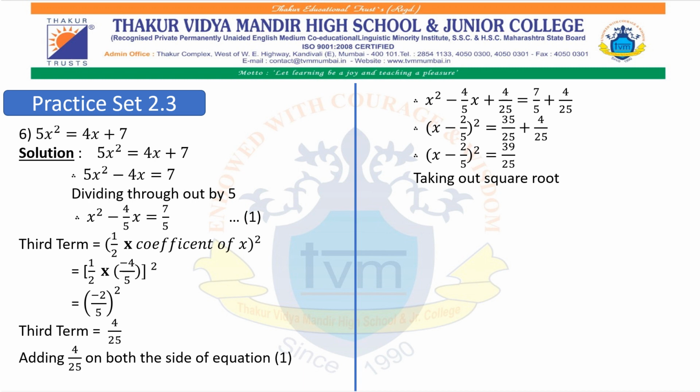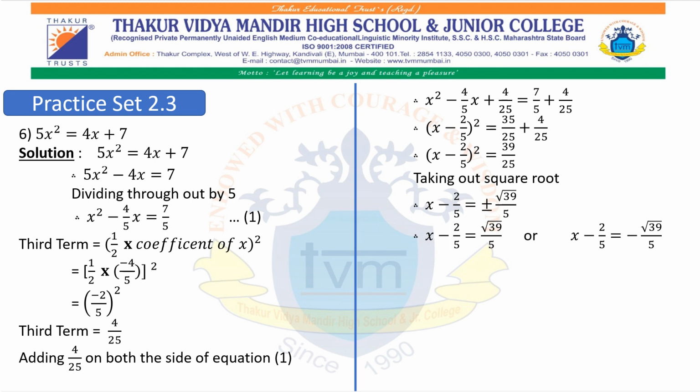Therefore our next line will become x minus 2 upon 5 equals to plus minus root 39 upon 5, which can further be written as x minus 2 upon 5 equals to positive root 39 upon 5, or x minus 2 upon 5 equals to negative root 39 upon 5.